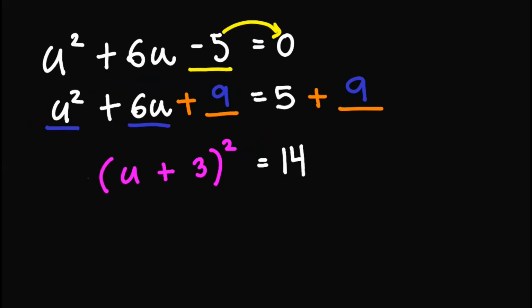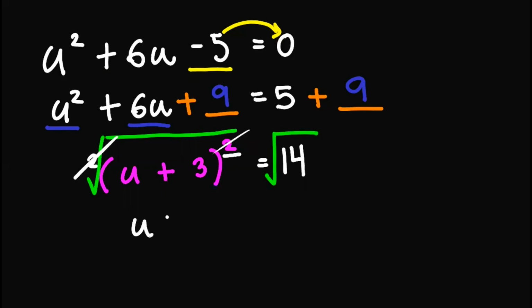What we do is we get the square root on both sides. So we know that on the left side, since we have a square out here, and we know that the index here is 2, by the first law of radicals, this simply cancels out and we'll have u plus 3. And on the right side, the square root of 14 cannot be simplified anymore, so we just keep it as the square root of 14.